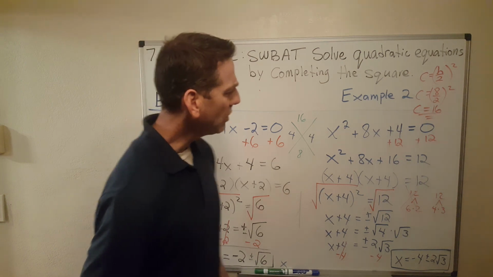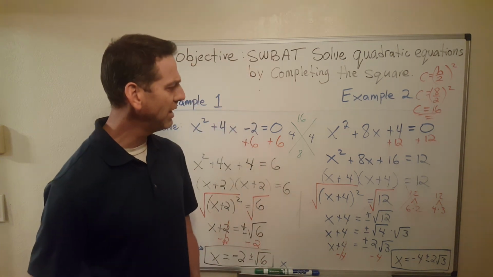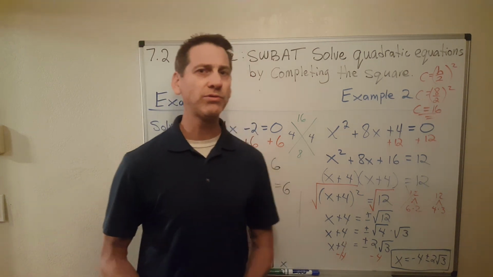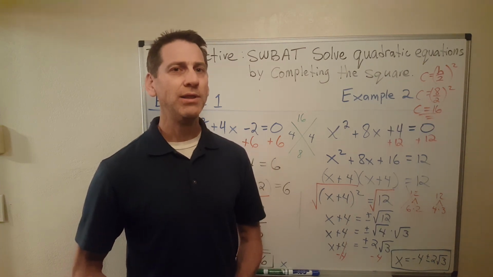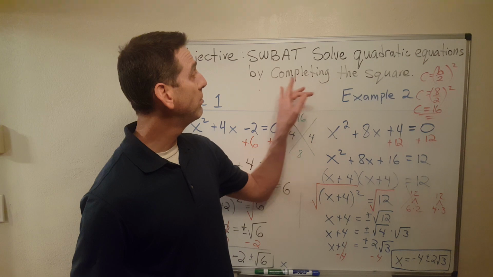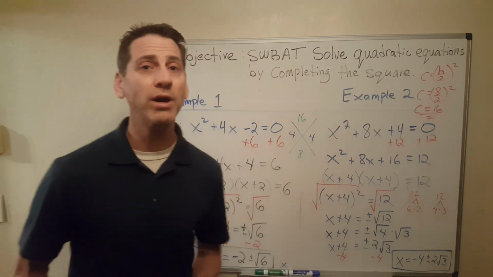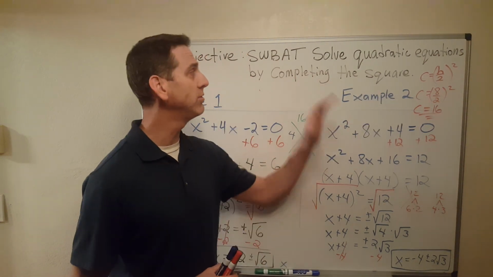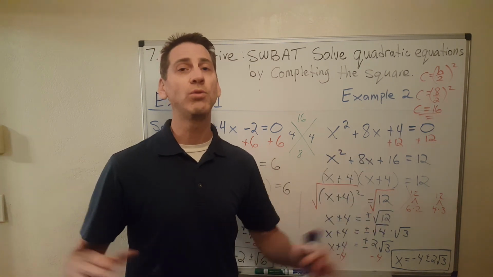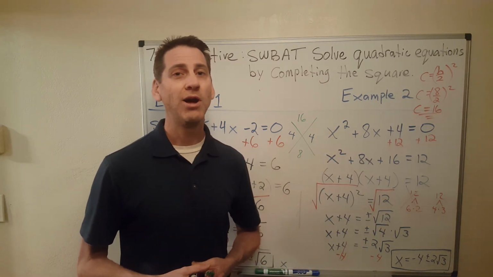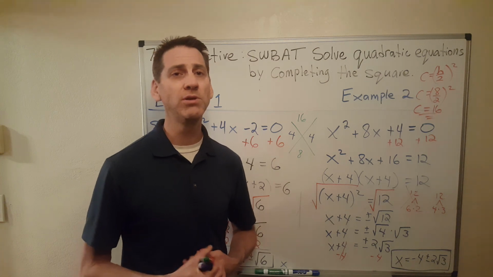Okay, so that's the gist. This is how you solve quadratic equations using the principle of completing the square. And again, you can use completing the square to solve any quadratic equation. You're not limited.